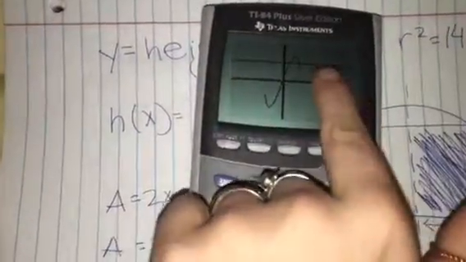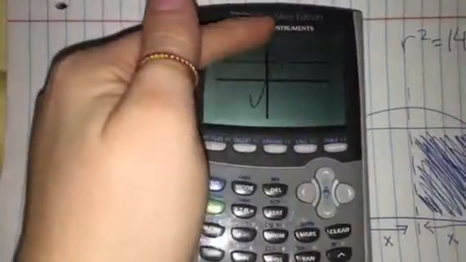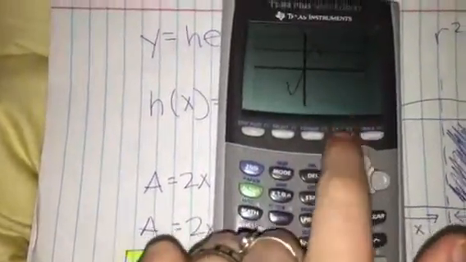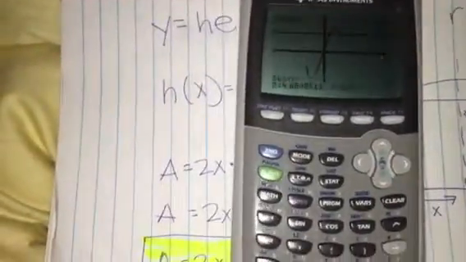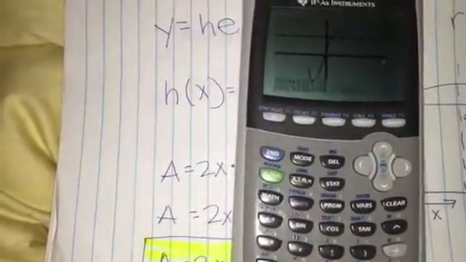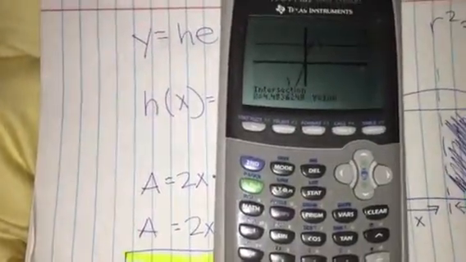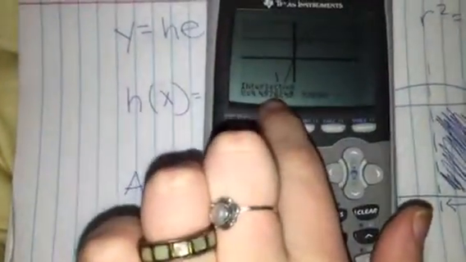And so right there we've seen a line, and we need to get the values above this line. So what we're going to do is go to second, calc, intersect. And the first intersection is going to be at 4.49.